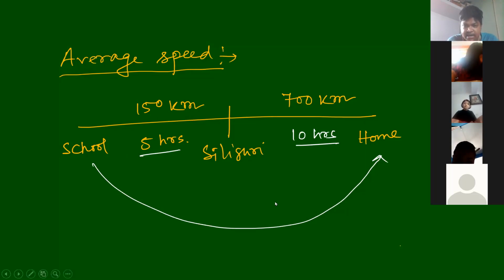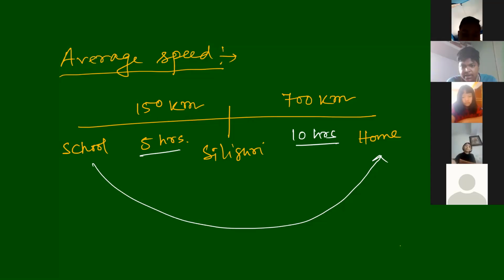From the school, I have to reach Siliguri, 150 kilometers away, and I had taken 5 hours. From Siliguri, my home is 700 kilometers away, and I had taken 10 hours. So I have to find out the average speed of the total journey.